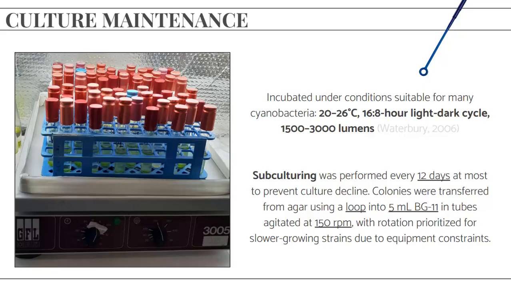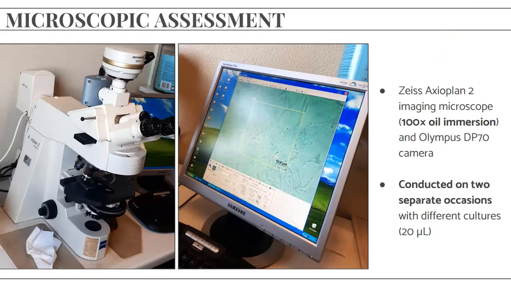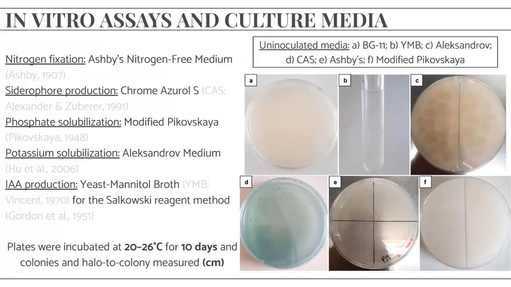Then I assessed them under the microscope. It was a Zeiss Axioplan 2 imaging microscope at 100 magnification and an Olympus DP70 camera. I conducted this on 2 separate occasions with different cultures that were presumed to be clonal.